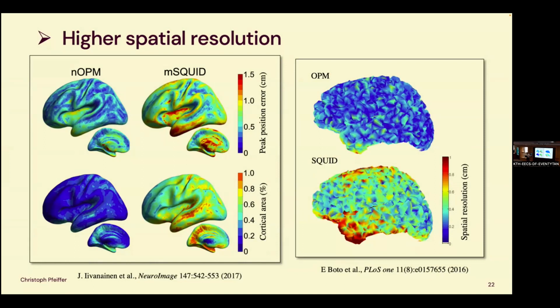So you reconstruct the source based on your signal and then see how much that source spreads, how much area it takes over. And we can see very nicely that if we're measuring closer to the head, we should get a much better spatial resolution.